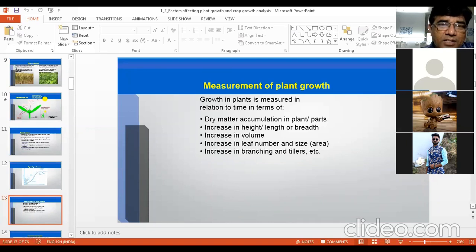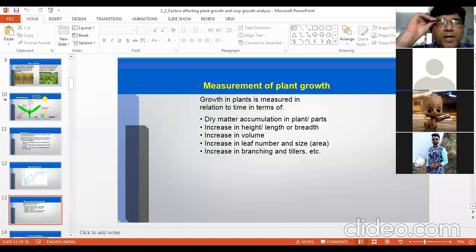Increase in height is also a measurement of plant growth, or length or breadth, size of the stem and so on. Increase in volume, particularly in case of root growth. In root growth we measure root volume, which is indicative of growth.